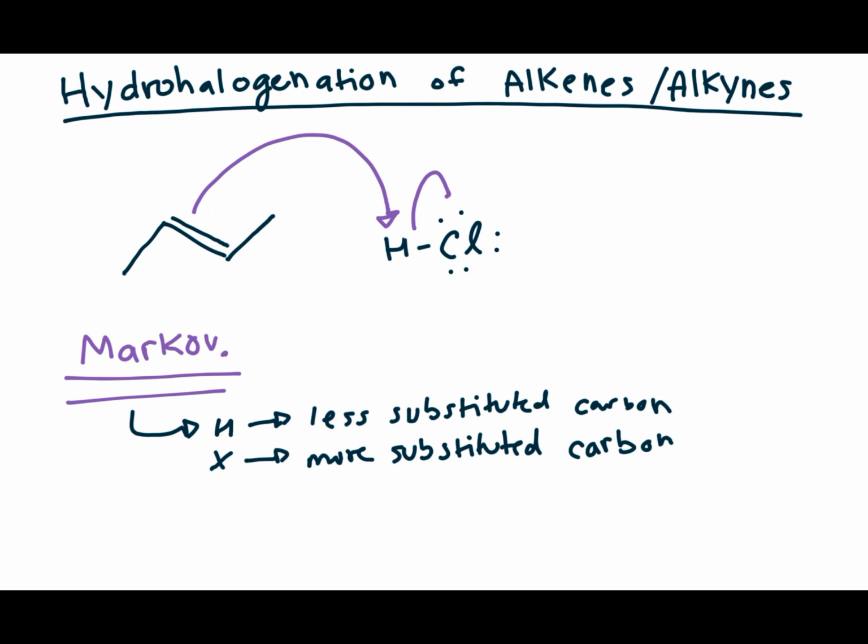And as we talked about earlier, the hydrogen will want to go to the less substituted carbon. And in this particular case, the hydrogen does not have a preference as both carbons are secondary.